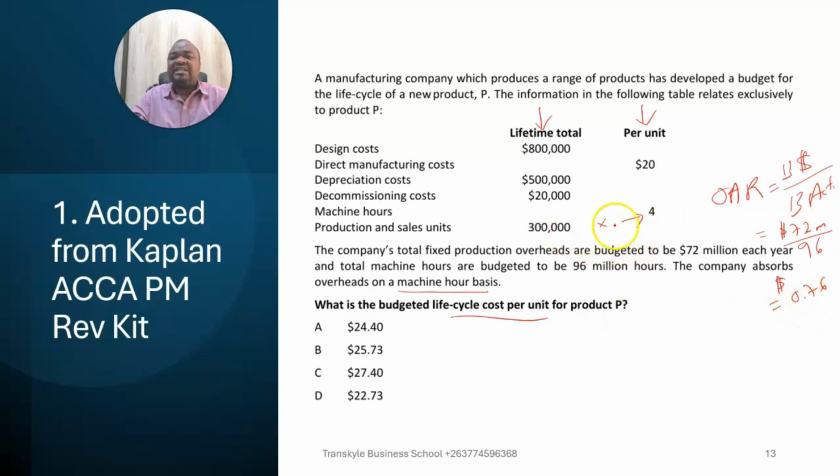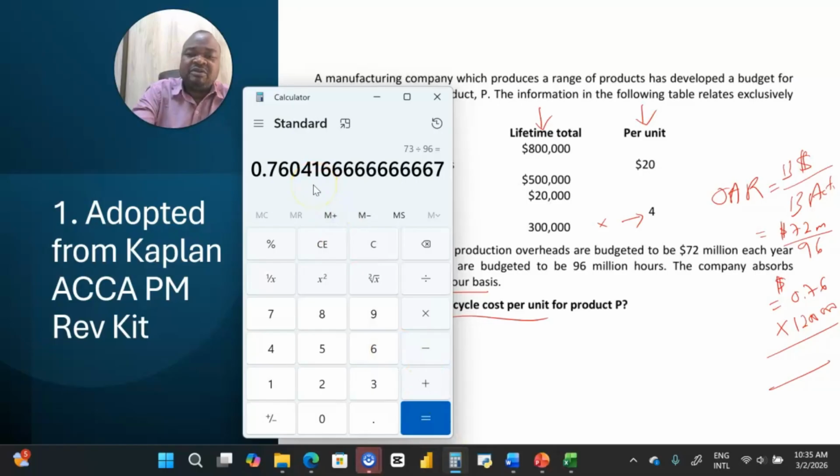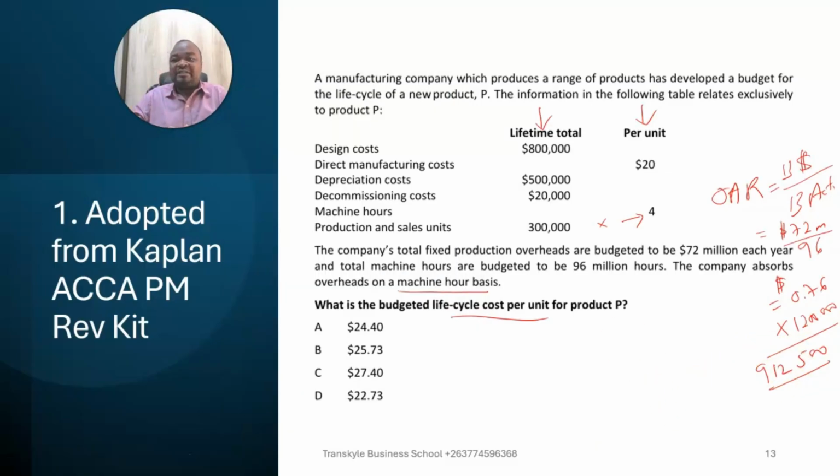So in this case, 300,000 multiplied by 4, that's 1.2 million, isn't it? So we multiply the rate by 1.2 million, and we can safely use our calculator again. That's 912,500. Okay, so we get that.